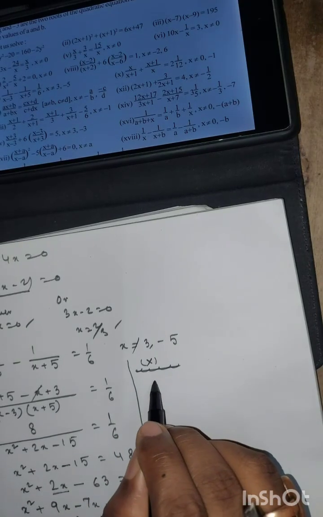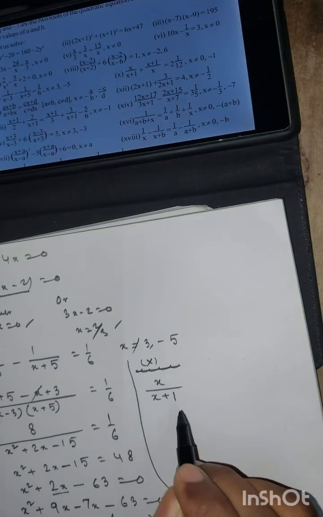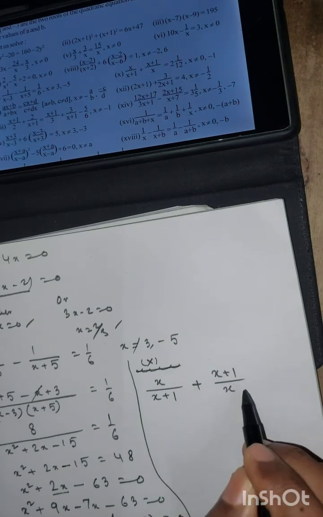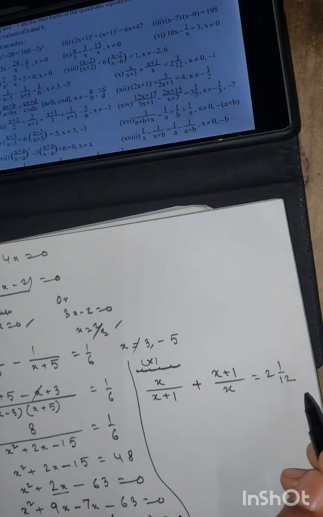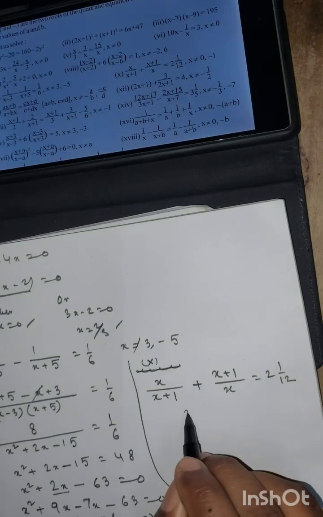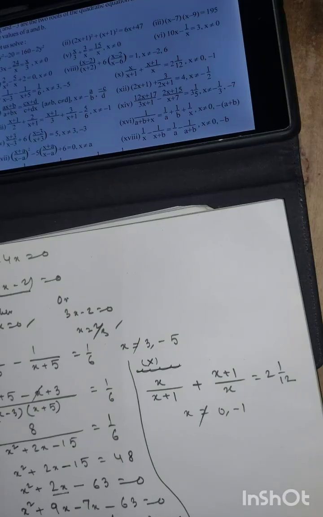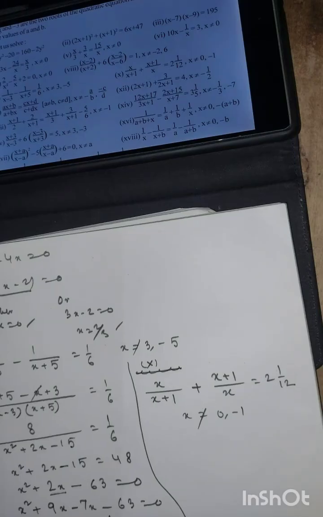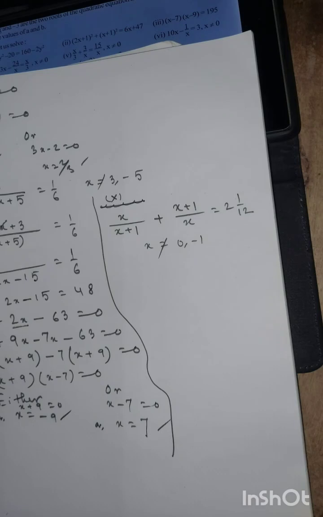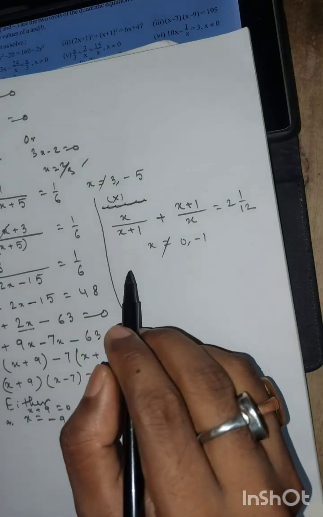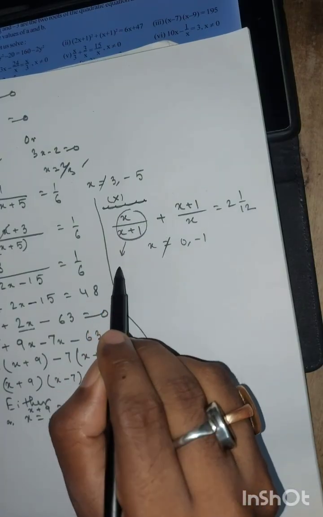Question number 10. Let us assume x by x plus 1 equal to p.